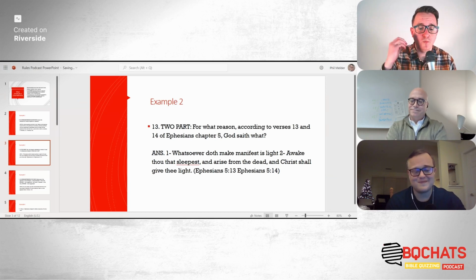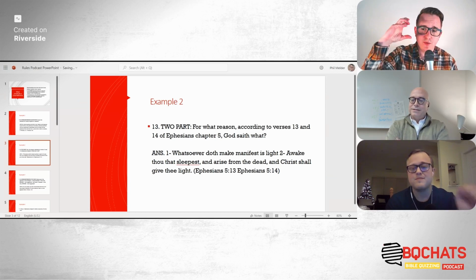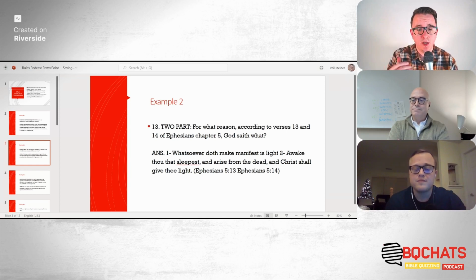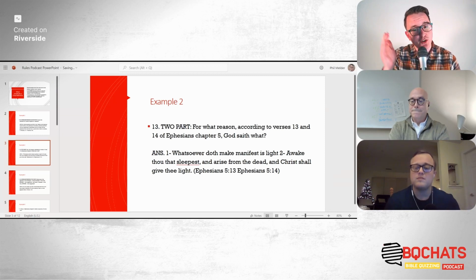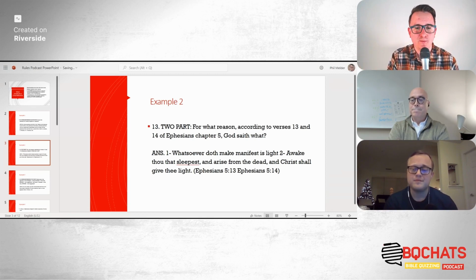But the scope of the question is whatever the question sets as the coverage. So in this case, the scope of this question is verses 13 and 14 because that is labeled in the question itself. And when that is done at or near the beginning of the question, the quizzer should be getting the scope of the question before they get to the key phrases and the key parts to hit that question.